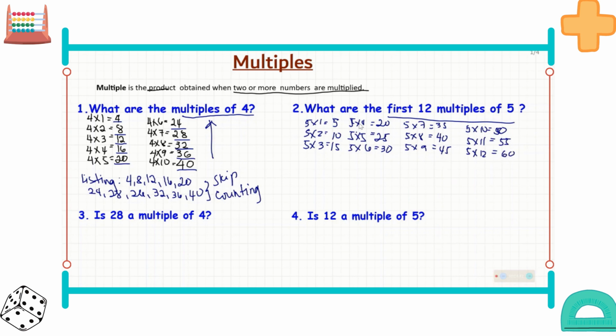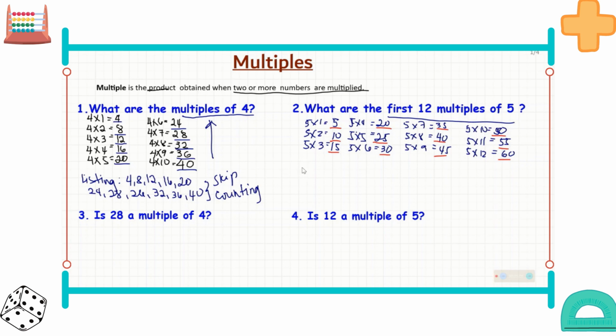So these are the first 12 multiples of 5: 5, 10, 15, 20, 25, 30, 35, 40, 45, 50, 55, and 60.